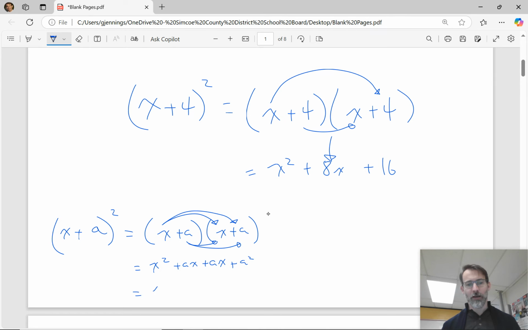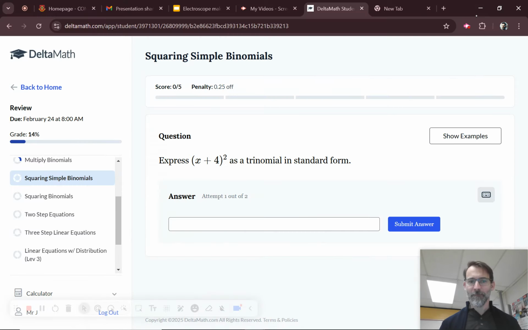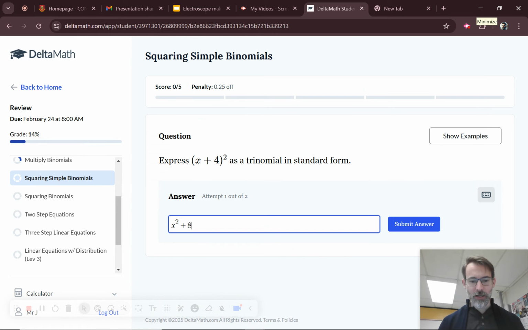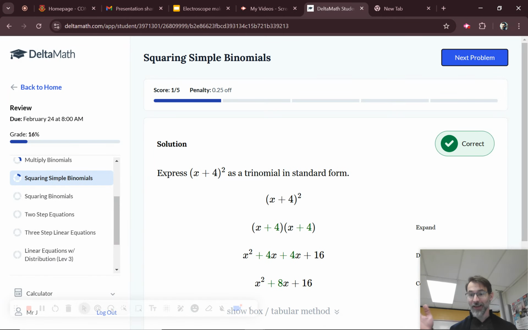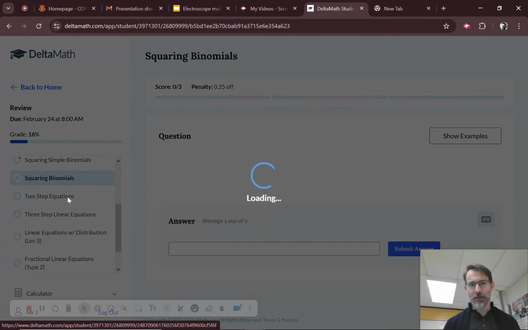So we always have x squared plus 2ax plus a squared. And you can use that to go straight to this if you're really sharp: x squared plus 8x plus 16. Good. So do a few of those because that's important.